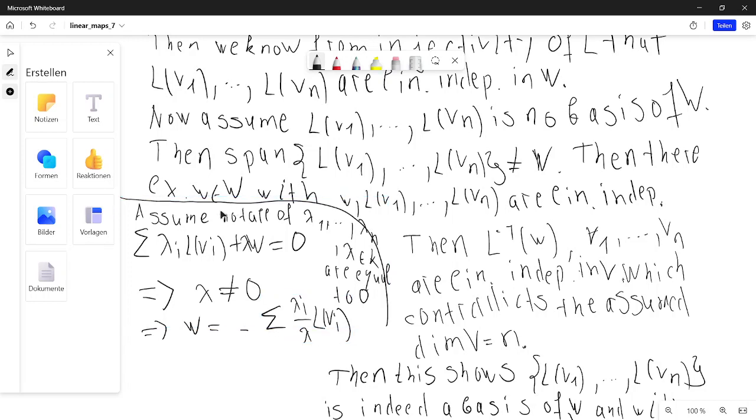That is, if we assume that those vectors are linearly dependent, then the vector W is in this span. Using contraposition, if a vector is not in this span, then this vector together with the first vectors are actually linearly independent. And that is what we do here. We have that the span is not equal to W, and then there exists W in W with this vector not being in the span, which means via contraposition that W, L of V1, L of Vn are indeed linearly independent.